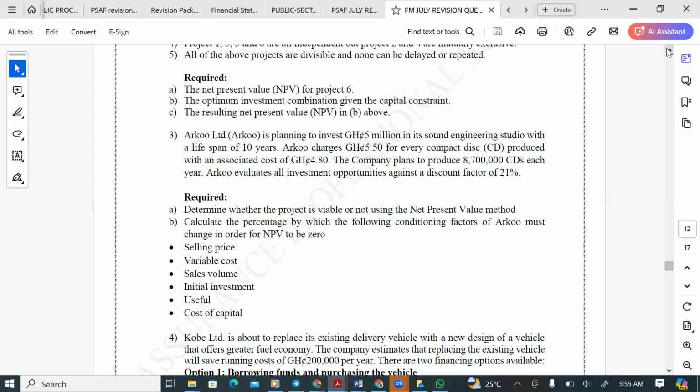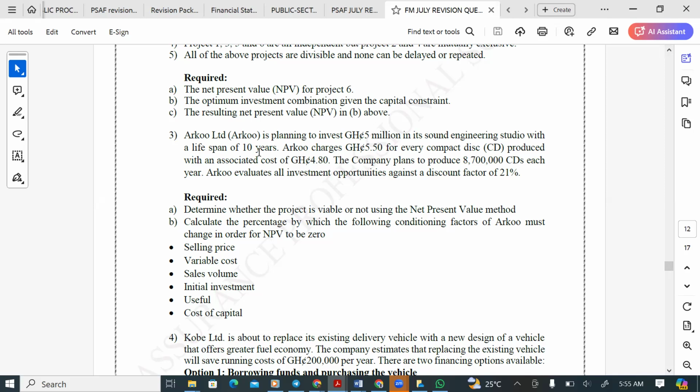Okay, so this is sensitivity analysis. What normally happens is that we estimate the cash flows thinking that it is going to be like that for every year. But what if something happened? What would be the percentage change in any of the variables that will make the project break even? And they are asking us by these variables.